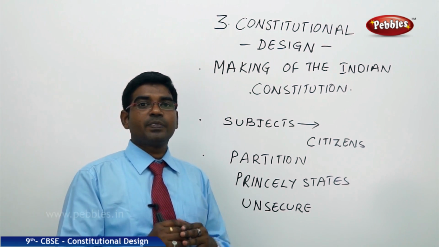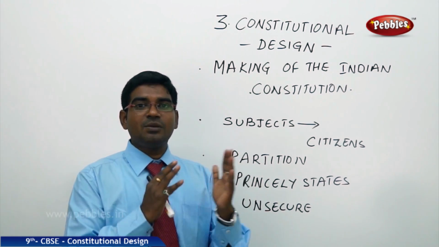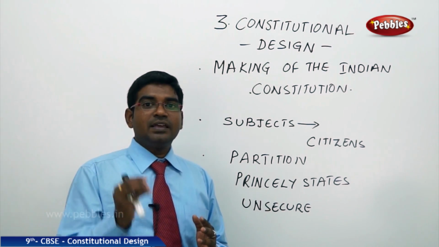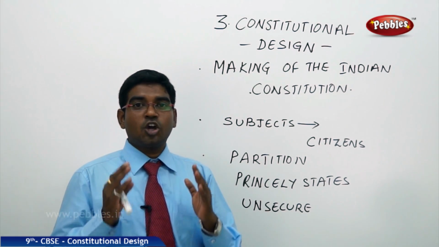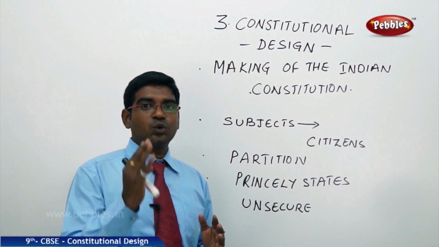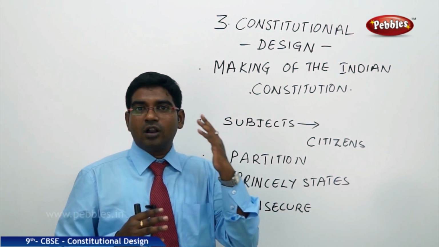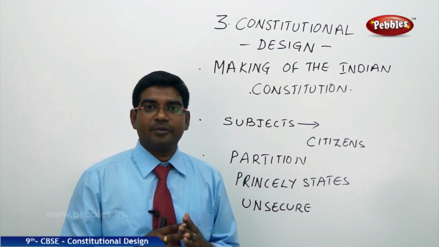So, besides partitioned India and Pakistan, we also had 565 independent princely states. Now, the choice was given to these kings and queens whether they would like to join the Indian Union or show interest in joining the Pakistan Union.